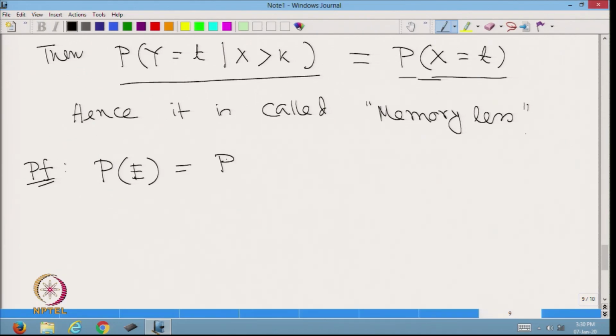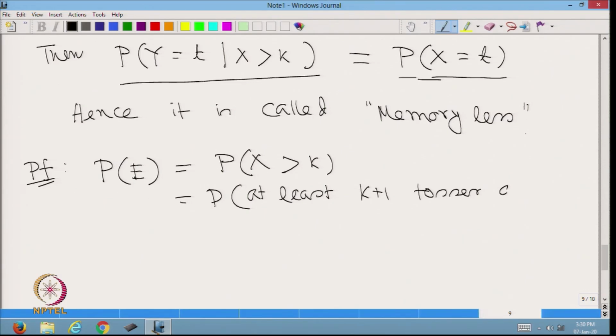It is probability X is greater than k, which is equal to the probability that at least k plus 1 tosses are needed to get the first head.